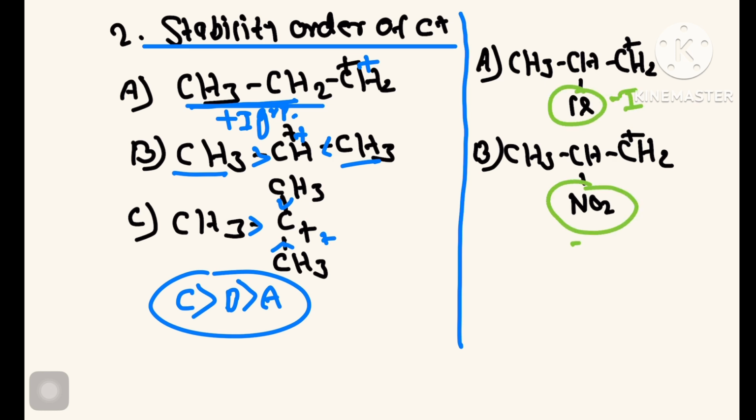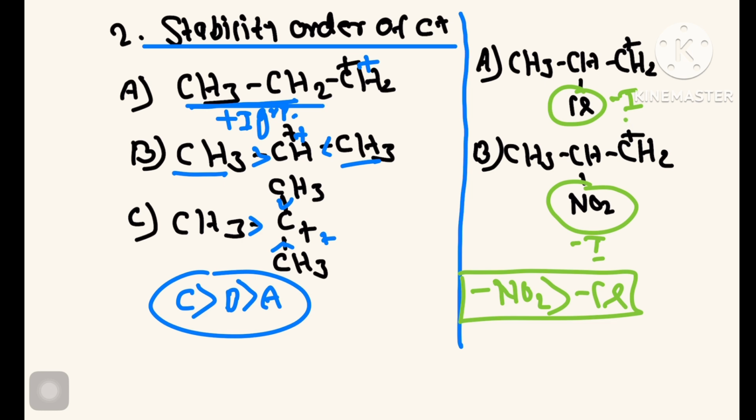Also here minus I group. If minus I group, then I told you about the order of minus I group. So here which can withdraw electron more? NO2. So by withdrawing electron by NO2, positive charge increases. Also here increases but not like NO2. So here which one is more stable? So A is more stable than B.